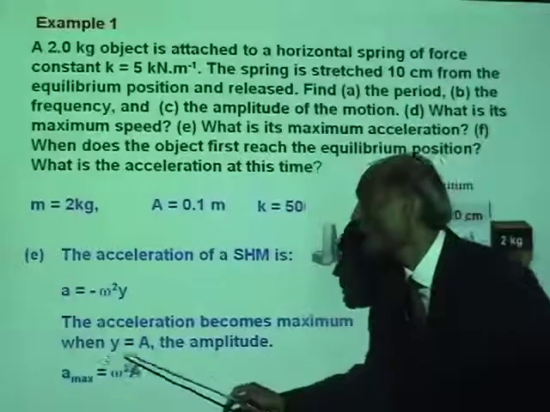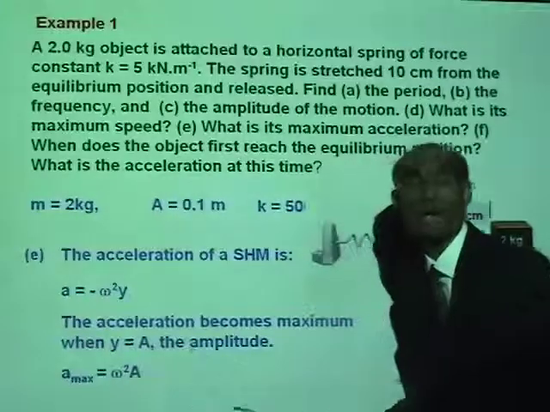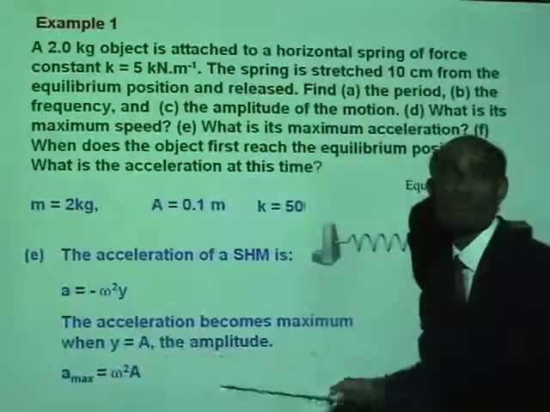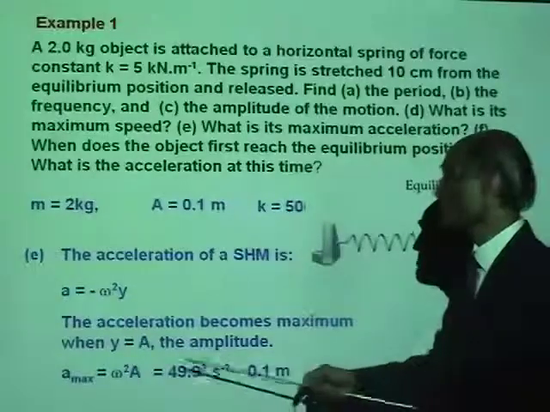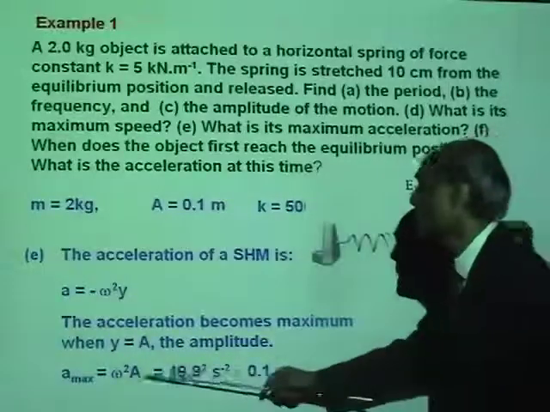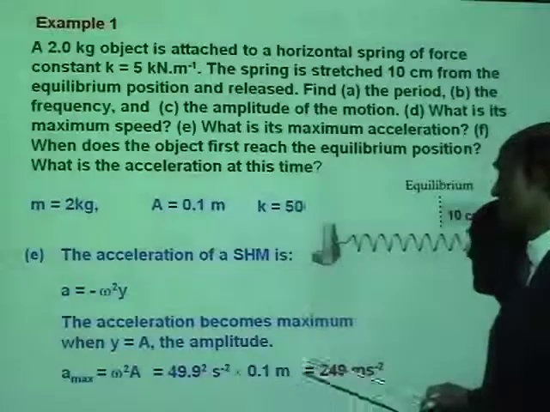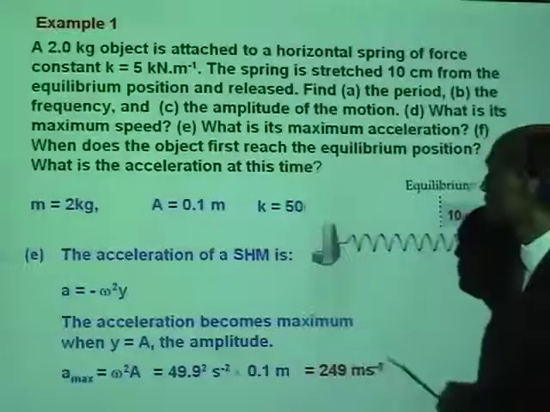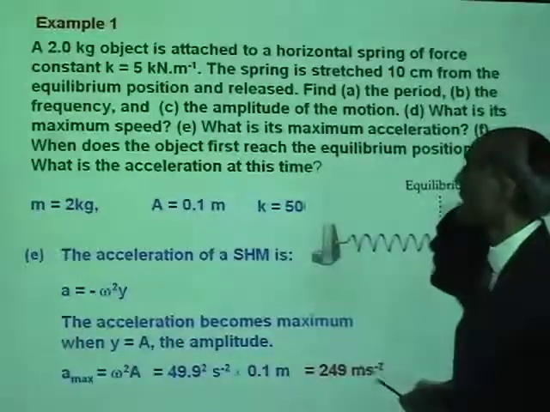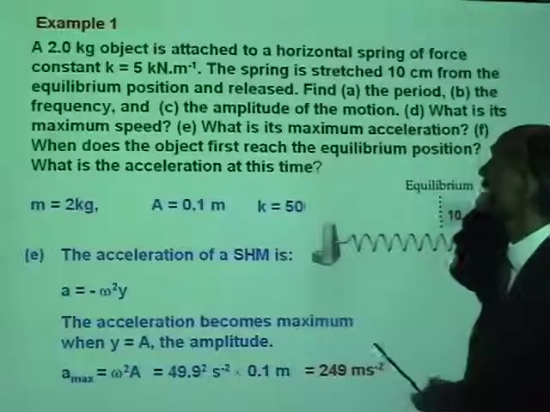So a_max equal to ω squared A, and we know the value of omega, we know the value of A, therefore maximum acceleration is 249 meters per second squared.